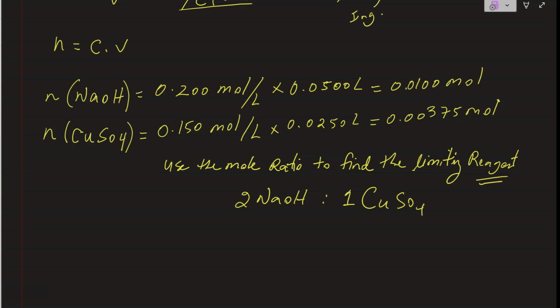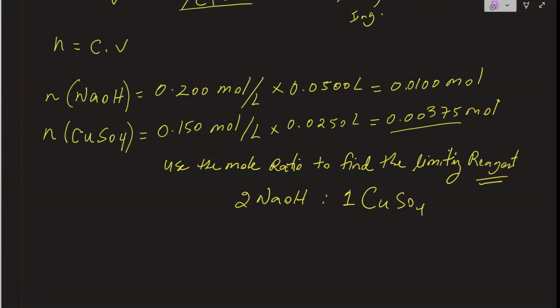So to use all of the 0.00375 mole of copper sulfate, we need to know how much sodium hydroxide we need. That's the issue right now, and we have to change that based on the molar ratio.